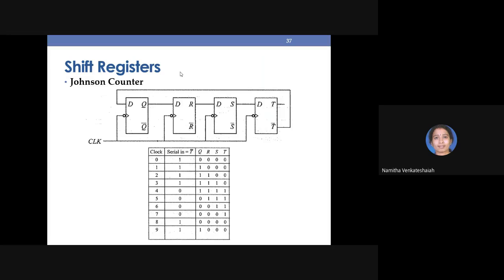In Johnson counter, what happens? If you start it from here, you are using D flip-flops, and if you start it from all zeros, it will change to 1000, 1100 if serial in is 1.